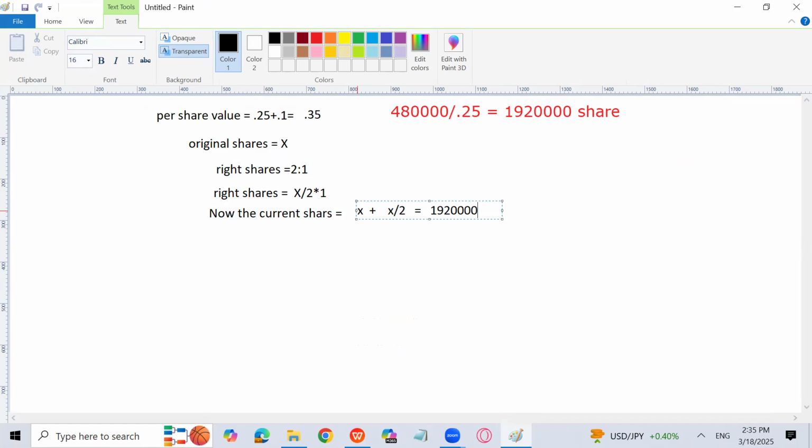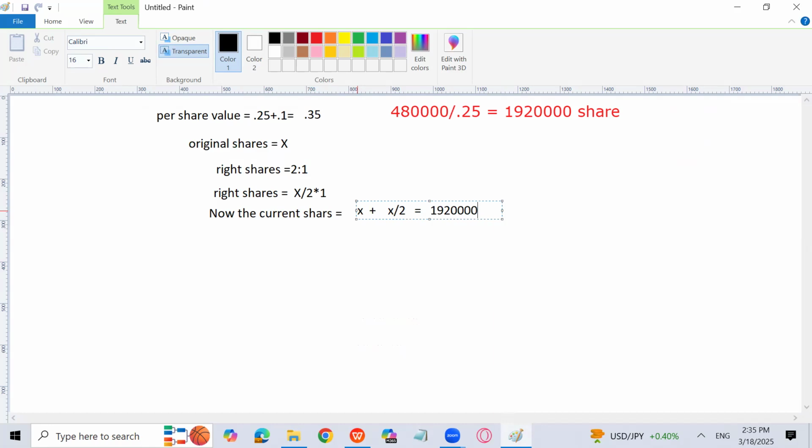This is the number of shares we have after the issuance of right shares, because right shares are issued on 1st July. So I have supposed the original shares are X. Right shares are issued at the ratio of 2:1, so right shares are X over 2 into 1. So now the current shares, X, original shares, plus right shares X over 2, is equal to 1920000.